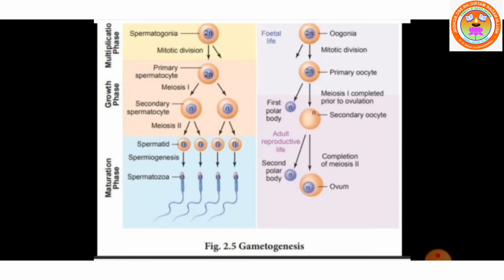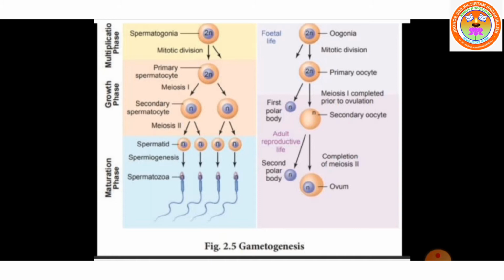So here oogonia, that is the egg mother cell, undergo mitotic division to form primary oocytes. Now primary oocytes undergo meiosis 1 and produce secondary oocyte. Secondary oocytes undergo meiosis 2 and produce ovum or egg. In this way female gamete, ovum or egg, is produced from the female sex organ, ovary. It is called oogenesis.